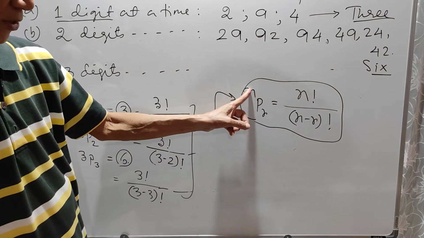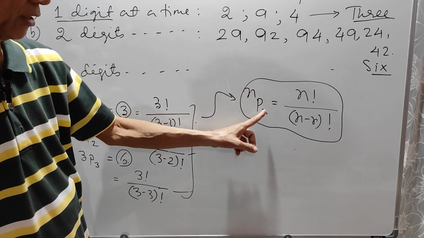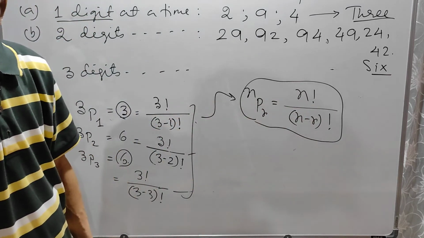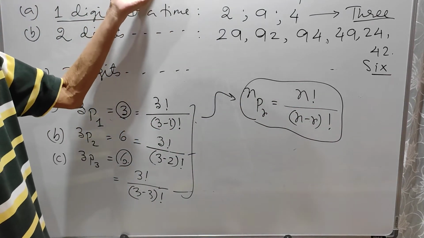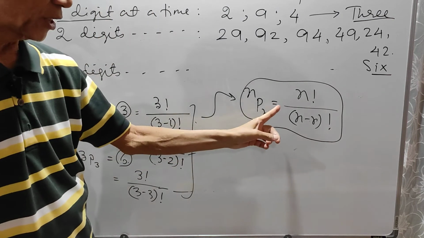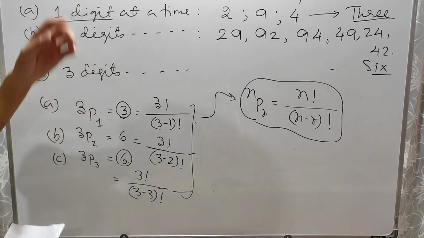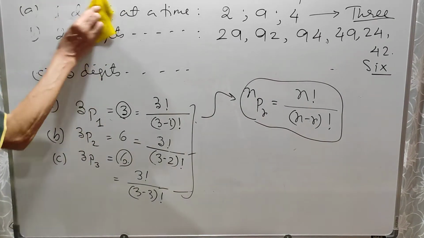Permutation of n objects taking r at a time, or permutation of n things taking r at a time, equal to n factorial divided by n minus r factorial. So from now on, the permutation numerical sums you will solve by using this formula. This is the main formula, as I told you, of permutation.